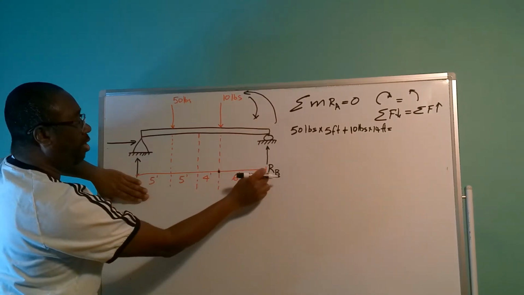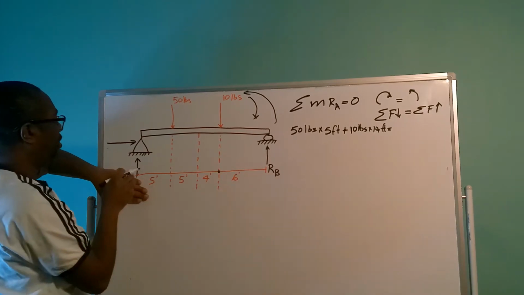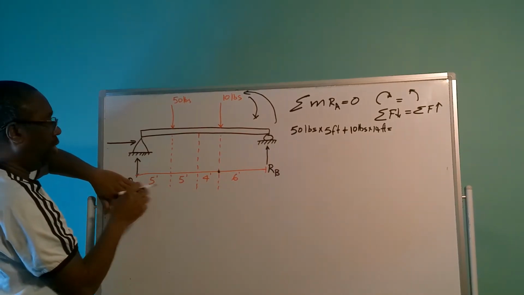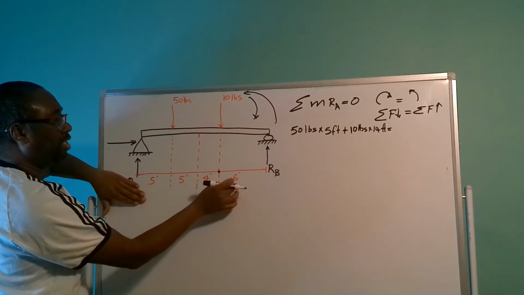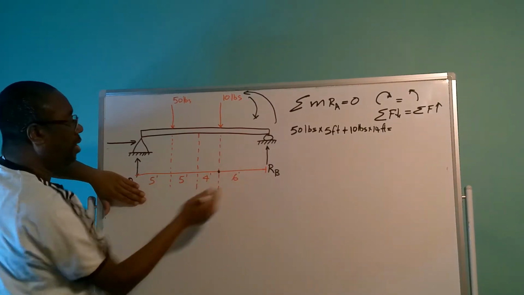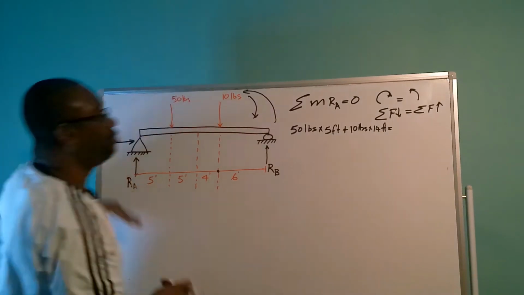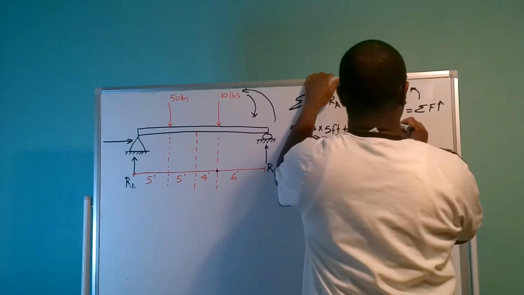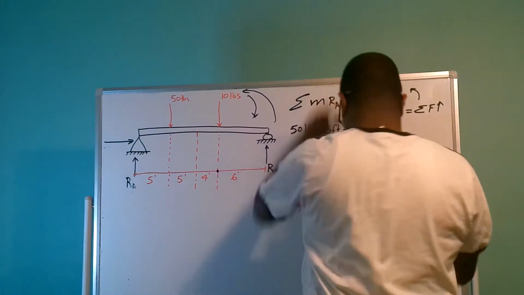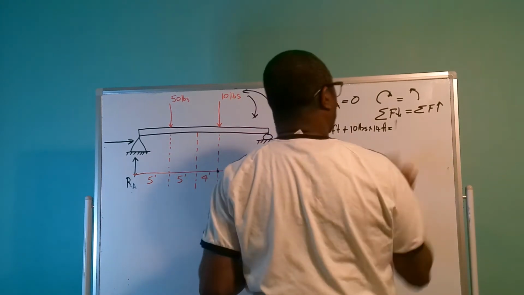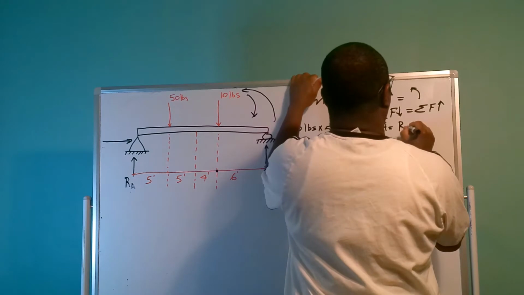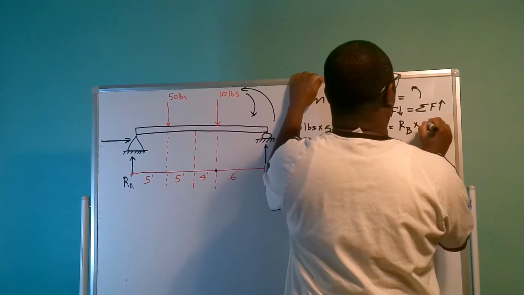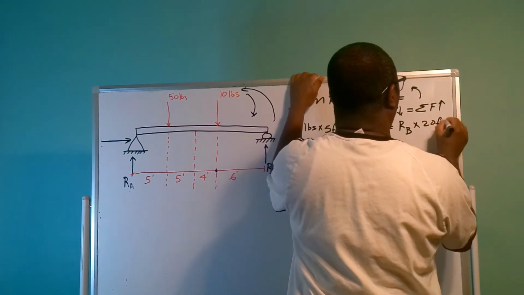So RB here is going to act 20 feet away from RA. So we have 10 plus 4, 14 plus 6, that is 20. So we have RB times 20 feet.